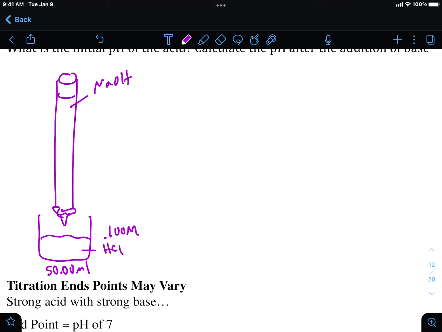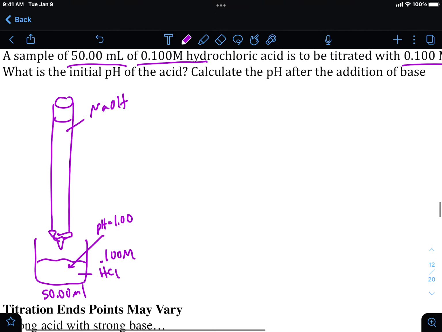Remember, the pH of a concentration of 1 molar is 0, so what's the pH for a concentration of 1/10 of 1 molar? Negative log 0.1 is 1. All right, so that is the pH of our solution.